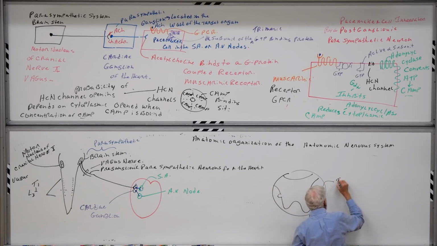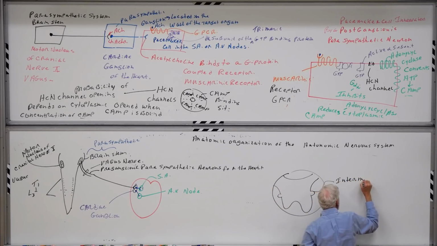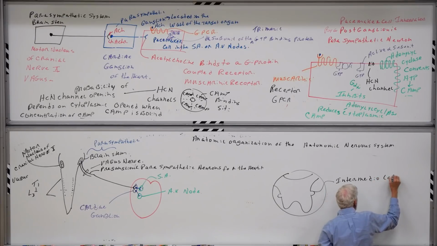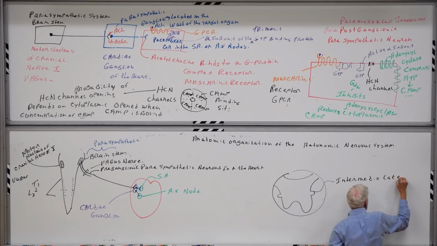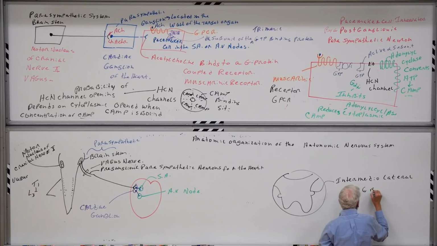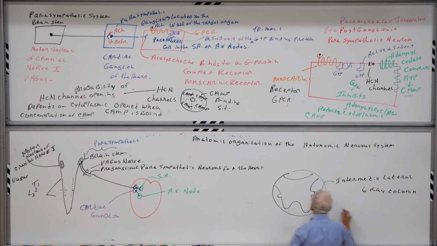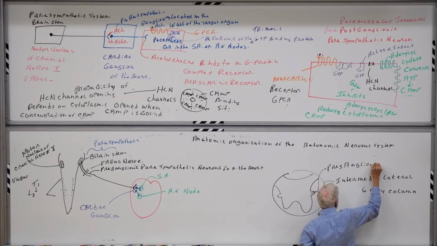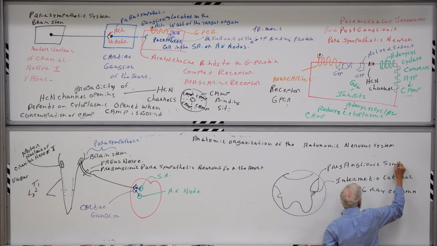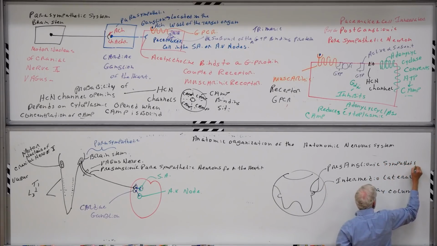This is known as the intermediolateral gray column. The intermediolateral gray column contains all these neuronal cell bodies of the pre-ganglionic sympathetic neurons.